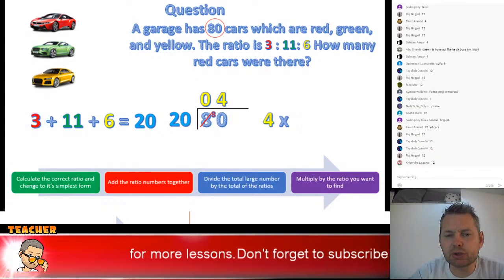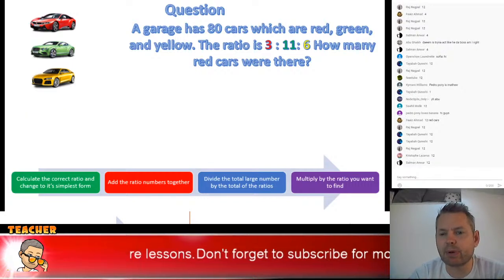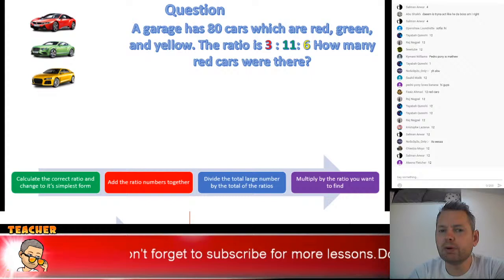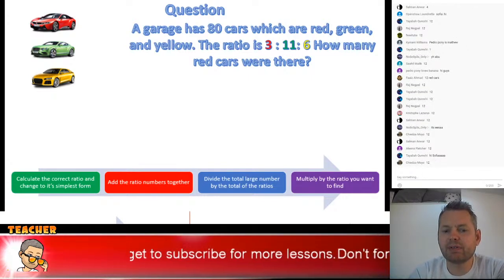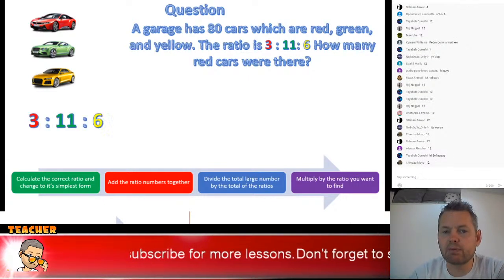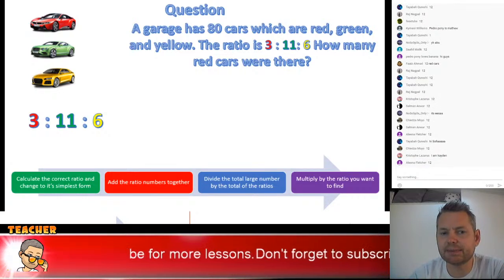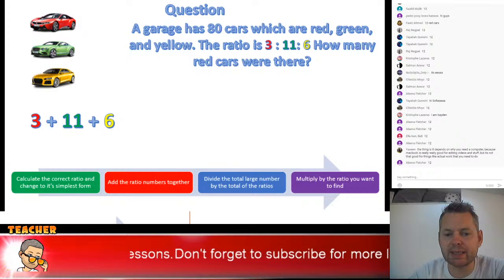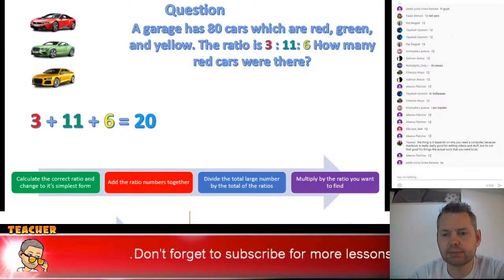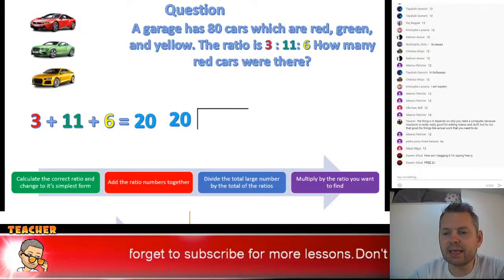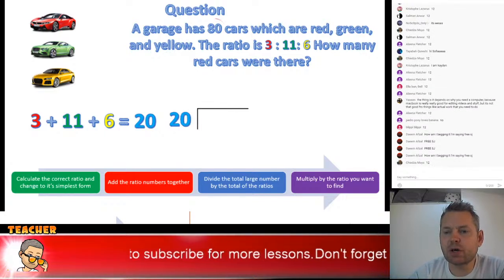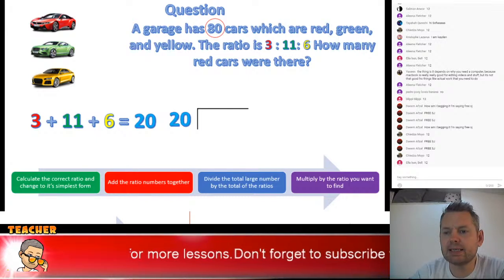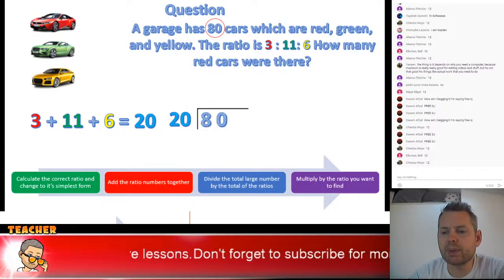Now I'm going to go back and just quickly go through that one again because the principle is the same irrespective of the ratio. Apart from you might want to simplify the ratio. So we'll go again. The ratio is 3 to 11 to 6. We add them together, which gives us a total of 20. We use the 20 and we divide our total amount, our 80 cars, by our 20.